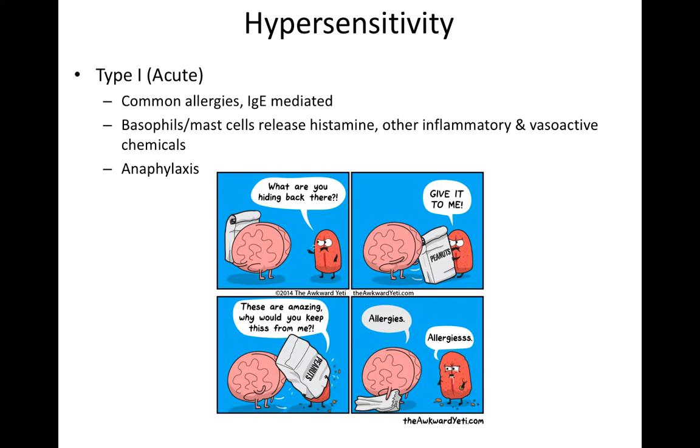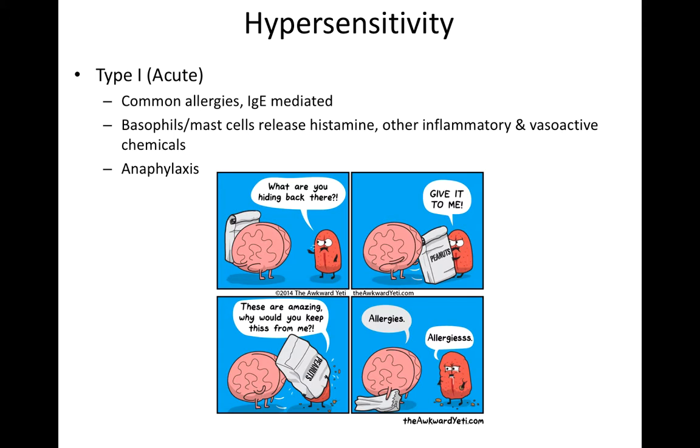So when your basophils degranulate systemically, you get a massive vasodilation, which tanks your blood pressure, and you go into anaphylactic shock. There is also generally closing of the throat that happens, so the airway becomes compromised. And this is a life-threatening situation.